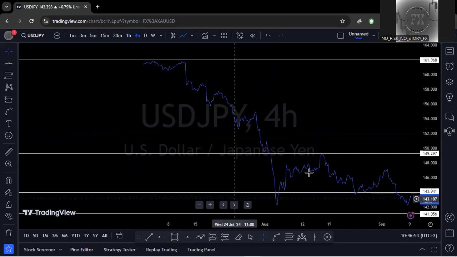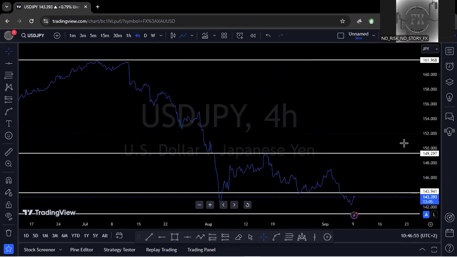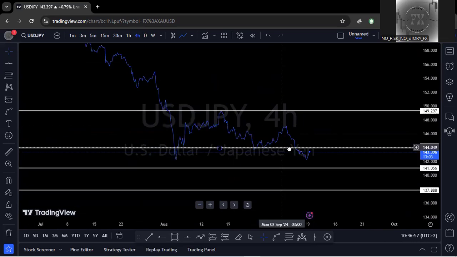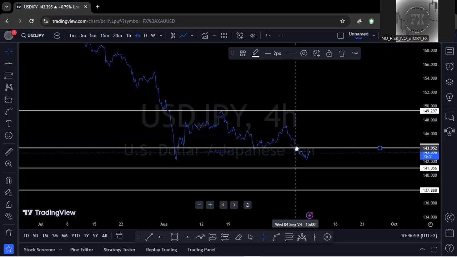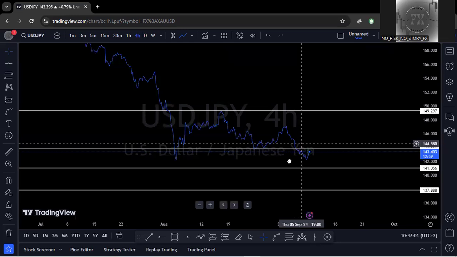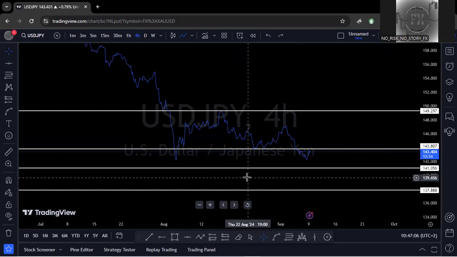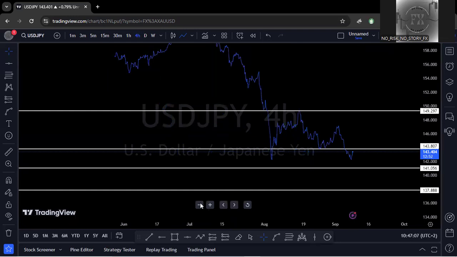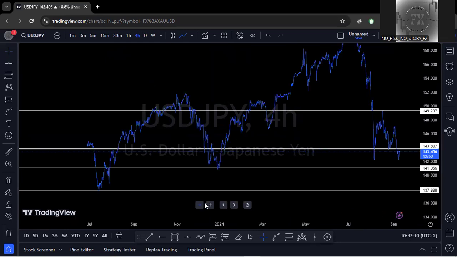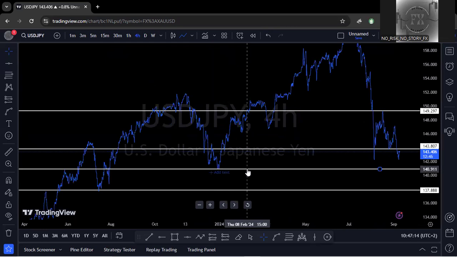On my 4 hour time frame, I like to adjust my zones properly, just so that they can fit perfectly. Okay, let me just leave it like that, and let me see when I come to this side. Okay, I think it's okay like this.